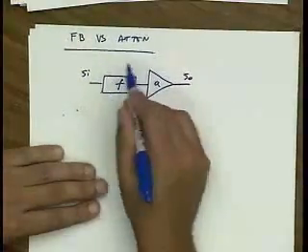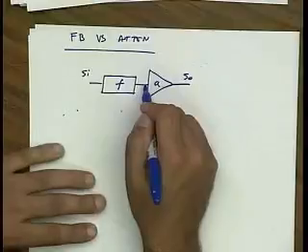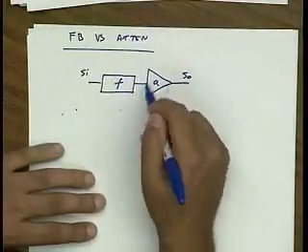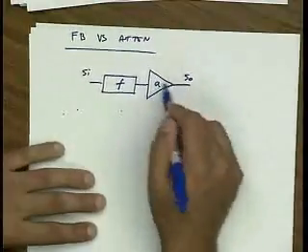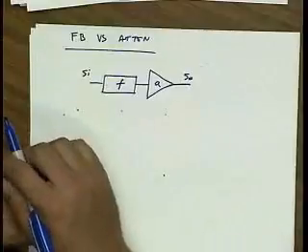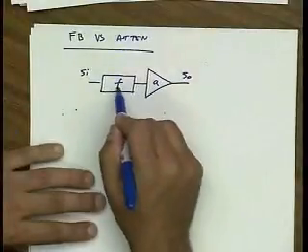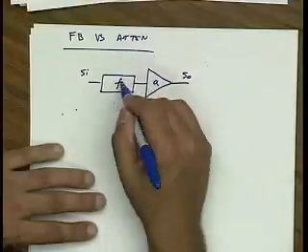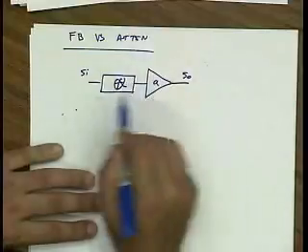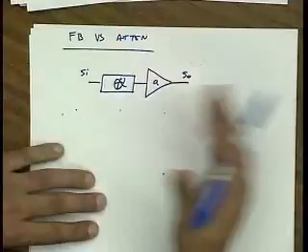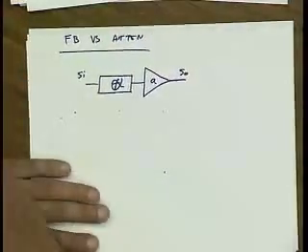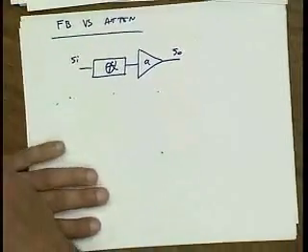Because this attenuation makes the signal going in smaller, so therefore I will get less distortion out of this amplifier, and sure, the gain is going to be smaller, but I can choose this attenuation factor, let's call this alpha, so that alpha A is equal to the closed loop gain. So you could say that's an apples for apples comparison, right?